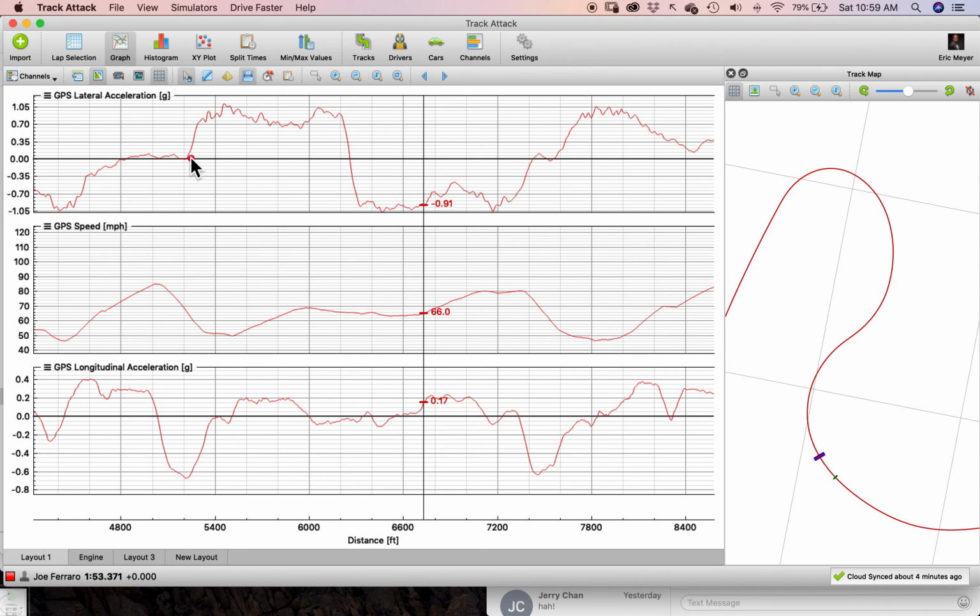So here's what I'd like to see. What I'm seeing right here, and we'll put the cursor right here, as we enter the brake zone, right? I see here we should go back to throttle, but for some reason we can't, and we pause. You see that?